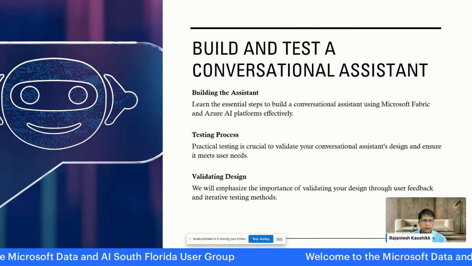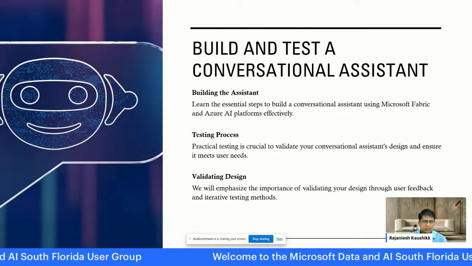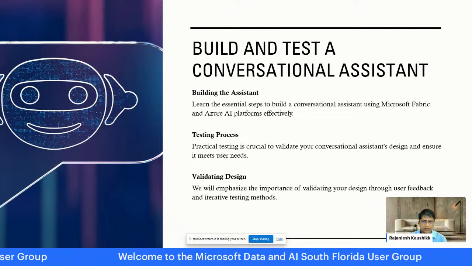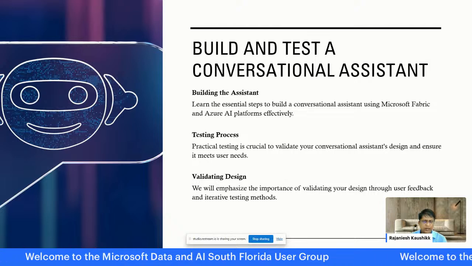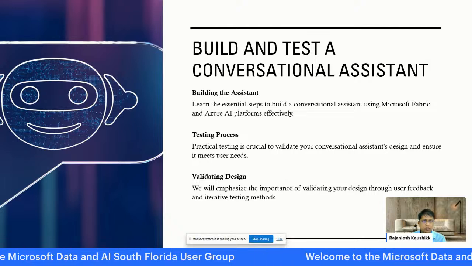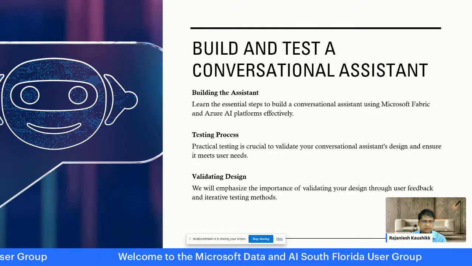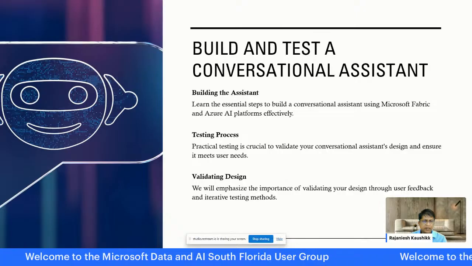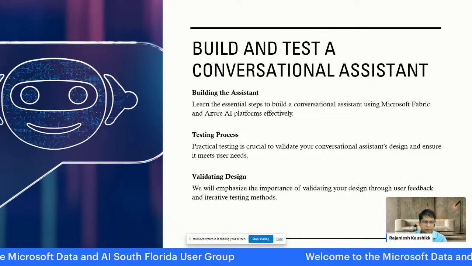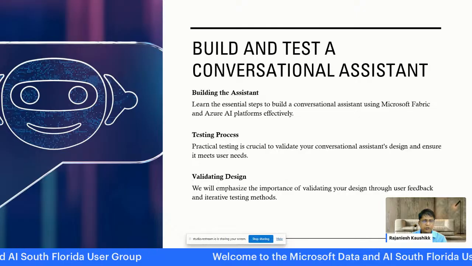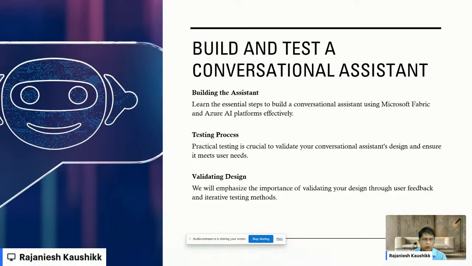First, you are going to build and test the conversational assistant. In this tool, there is a conversational approach where you can talk to or converse with the agent. Then, after you converse with this agent, there is a testing process where you test all those prompts or whatever your questions are.